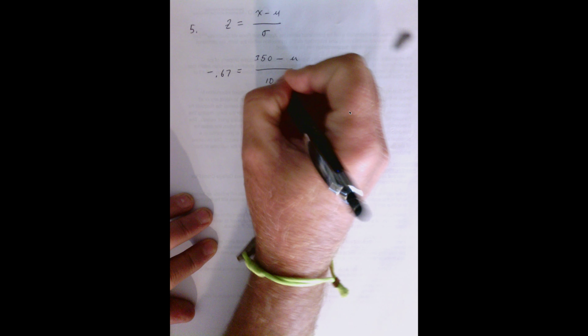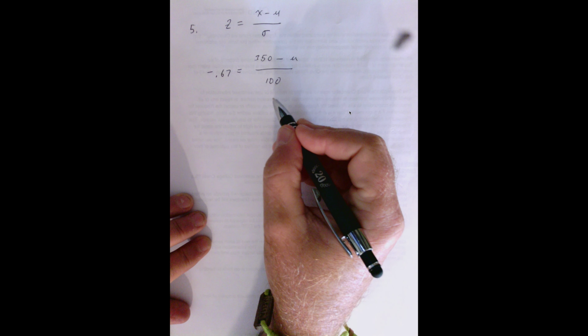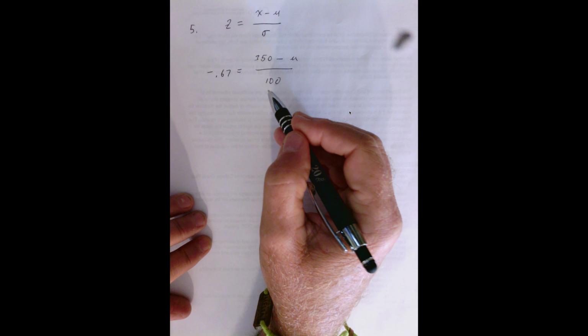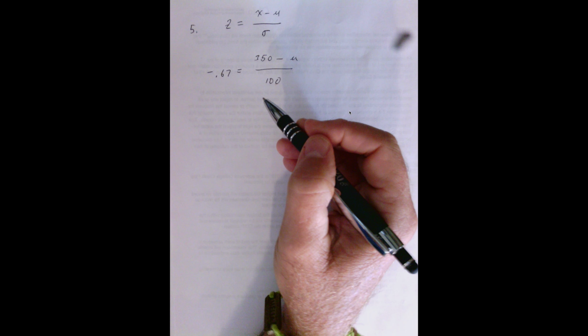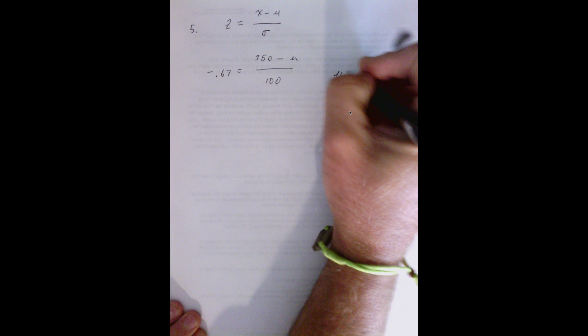So guys, cross multiply. I'm not going to do that for you because I think that's something we should all know how to do. Negative 0.67 times 100 minus 350, multiply by negative 1, so mu equals 417.